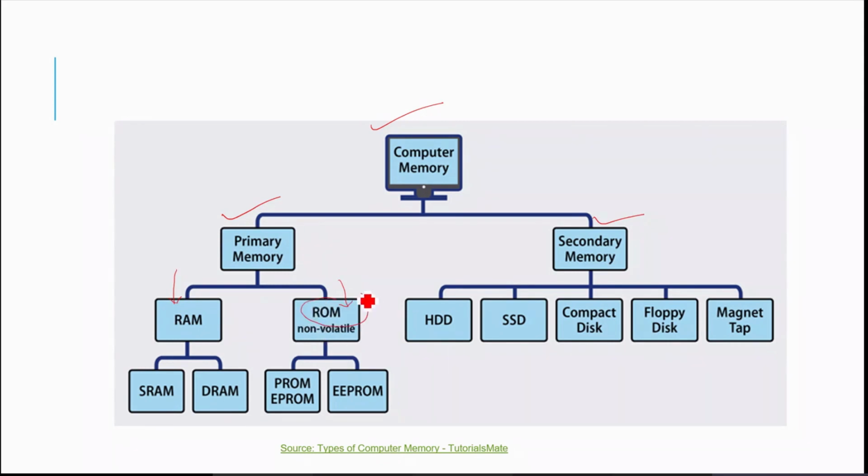ROM is read-only memory, which is non-volatile, and in that we again have varieties like PROM, EPROM, and EEPROM, which means electrically erasable programmable read-only memory. PROM is the programmable read-only memory, and EPROM is the erasable programmable read-only memory. We are not going to discuss these.